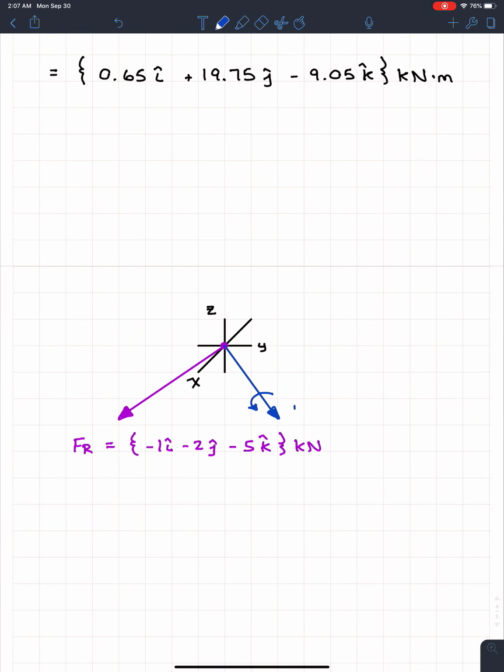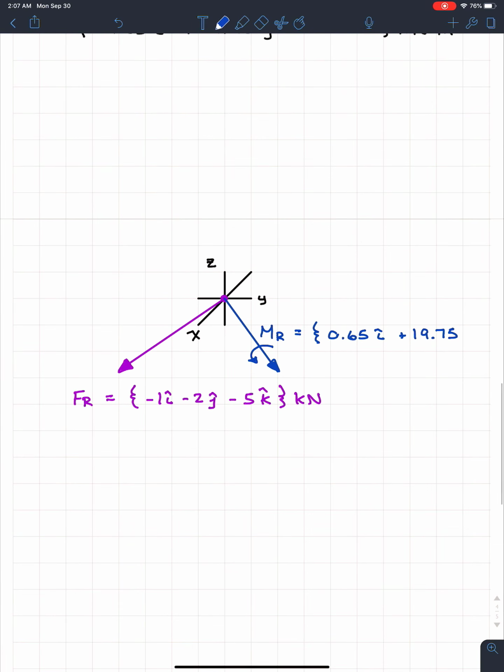And we know that MR is equal to, in brackets, 0.65I plus 19.75 in the J, and then minus 9.05 in the K, and the bracket, and this is kilonewton meters.